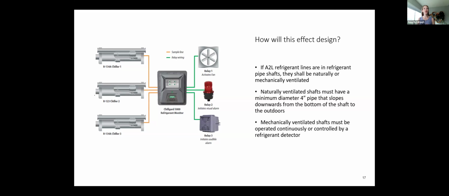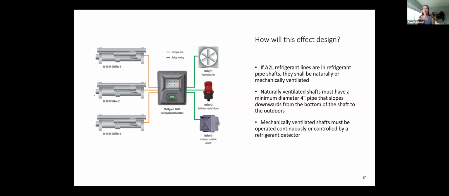So here's an example of what's classified as a machine room refrigerant detection system. We have 3 chillers in a mechanical room. Those chillers have more refrigerant charge than is allowed without a refrigerant detection system.